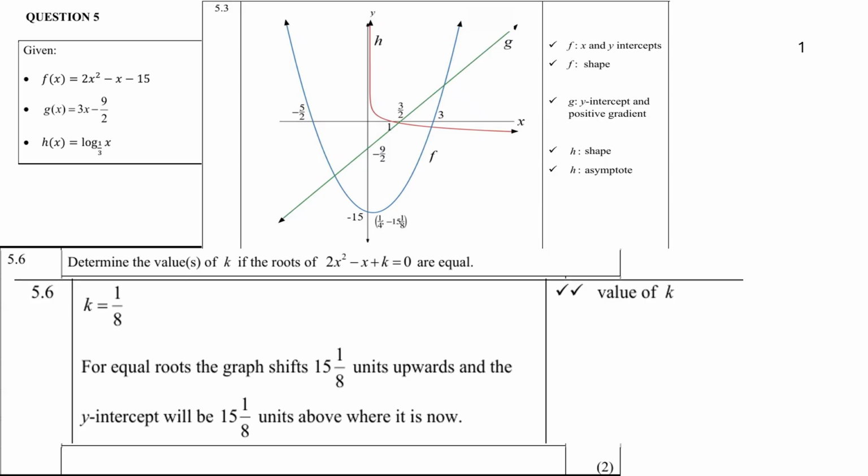It can only touch the x-axis at 1 place. So that means that 15 y-intercept got to move up 15 1/8 times. Right, so therefore the new y-intercept will be 1/8. And that makes also k 1/8.